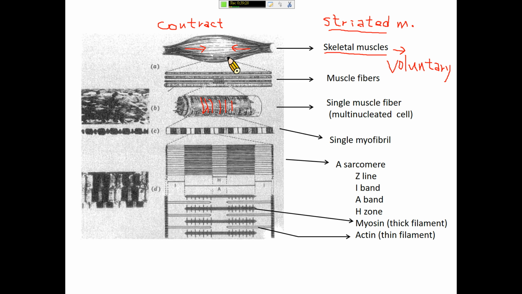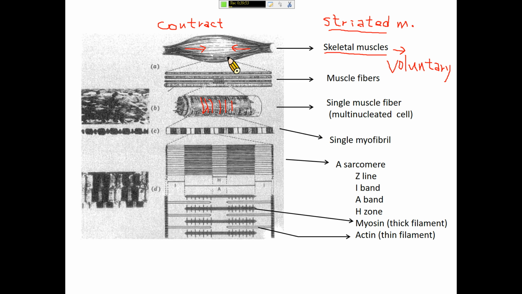But through the nerve. And those nerves are called motor nerves. Motor nerves, because they control the motor behavior. You know, there are two types of nerves, right? Motor nerve, getting signal from the brain going to the muscles.